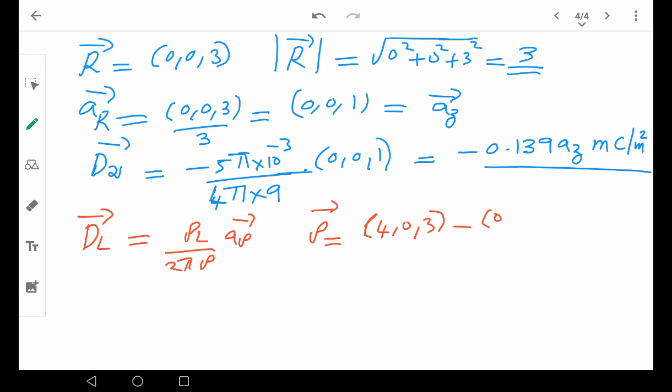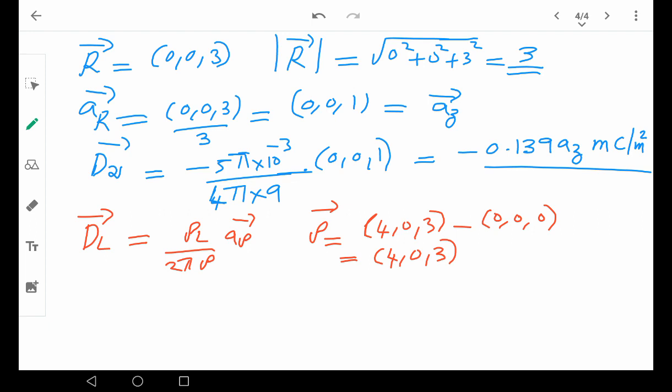I have chosen the same value of y for that particular point on the y-axis from which you are drawing ρ. You cannot do anything about x and z. x and z will be 0 on the y-axis. So this will give you (4, 0, 3).